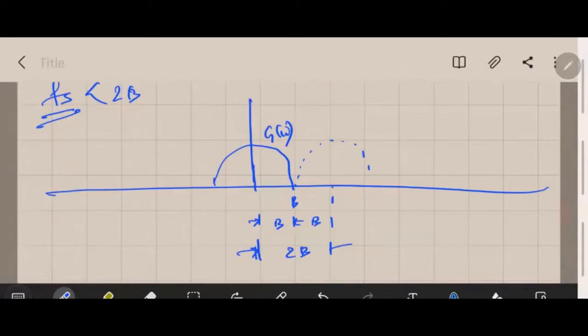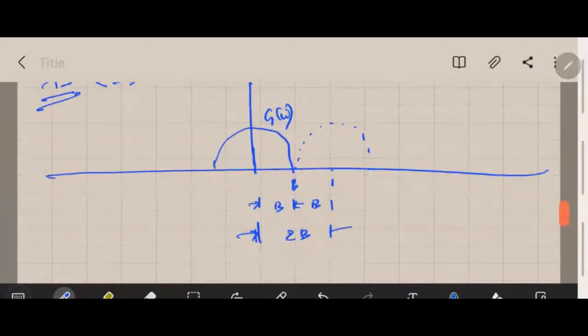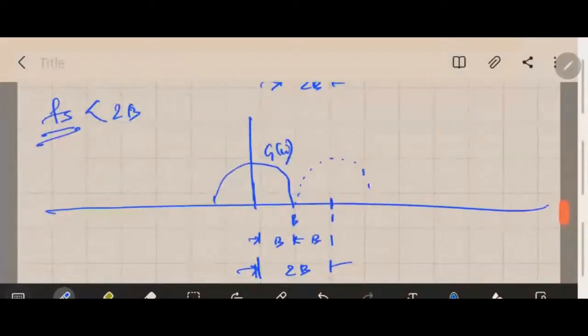Less than 2b means it will be smaller, somewhere here or here. It could be in any of these places. So the spectrum would look like this.